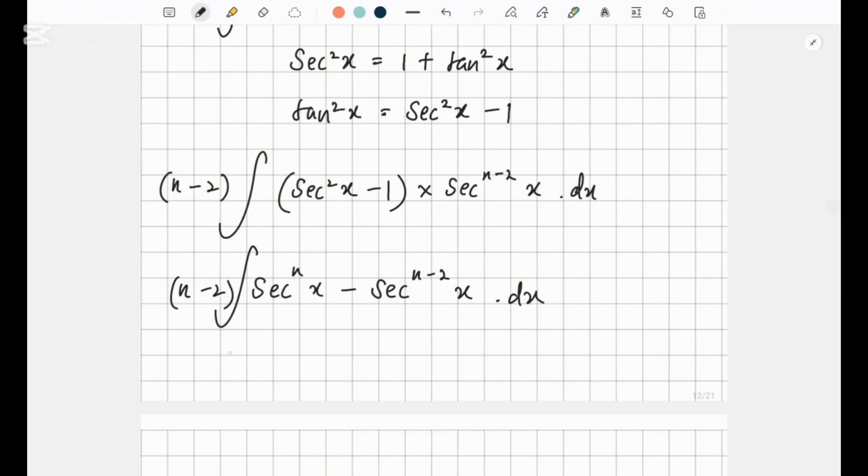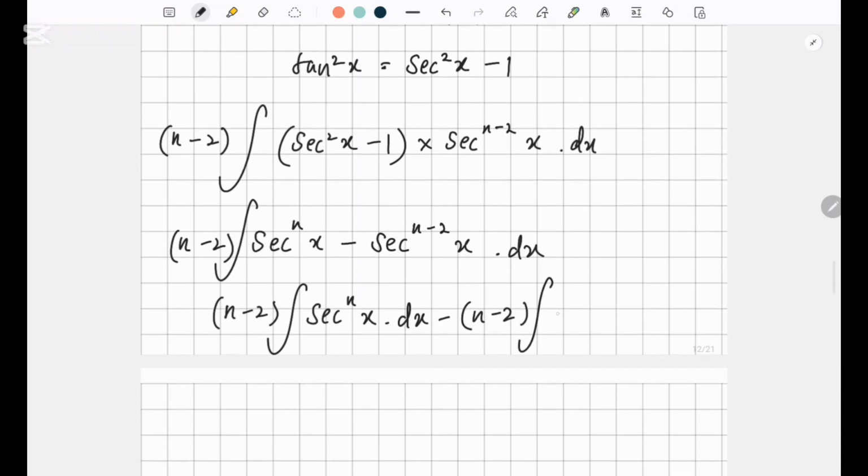Now if I break this down again, I could write (n minus 2) into the integration of sec x to the power n dx minus (n minus 2) into the integration of sec x to the power n minus 2 dx.